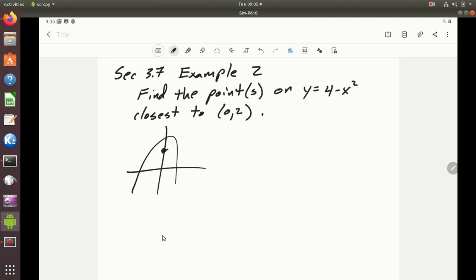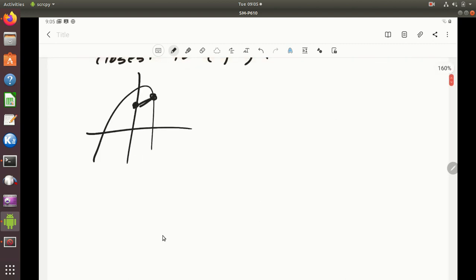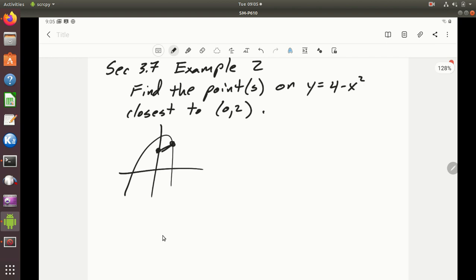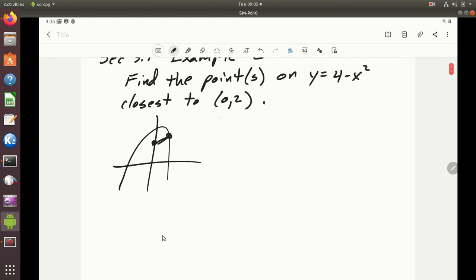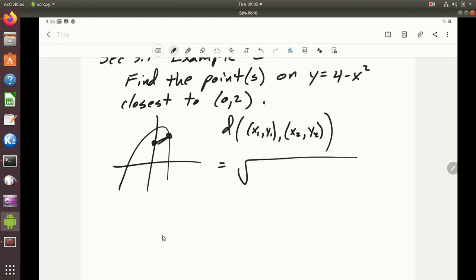And I'm looking at this distance to some other point, and so the distance between a point x1, y1 and another point x2, y2 is equal to the square root of x1 minus x2 squared plus y1 minus y2 squared.